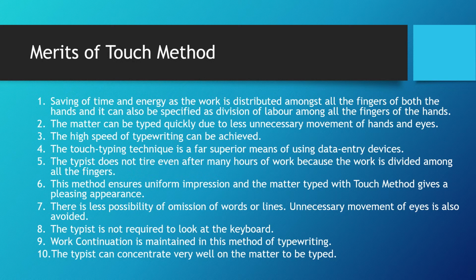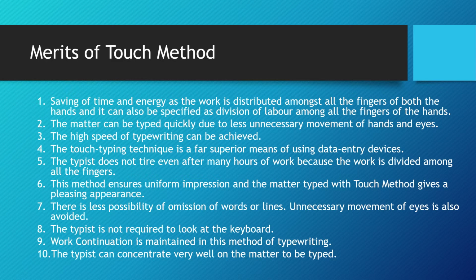The high speed of typewriting can be achieved, and the touch typing technique is a far superior means of using a data entry device. And the typist does not get tired because the concentration level will be good.